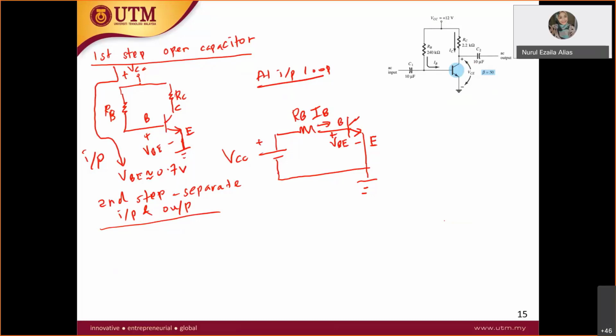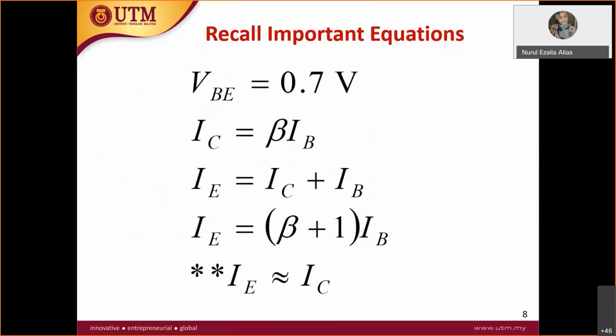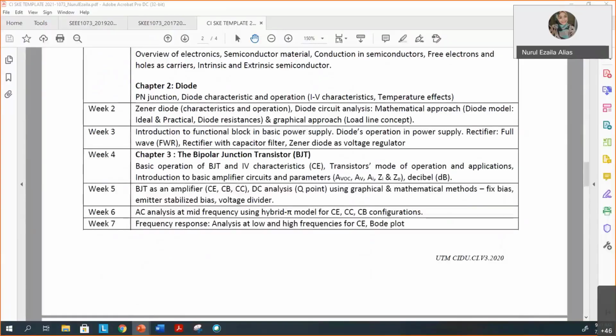Look at here, all the information needed is VBE equal to 0.7 volts and also IC equal to beta IB. I want to copy this, since this is the first time you see this equation. Later on, I believe you will memorize all these important formulas when you do a lot of exercise.